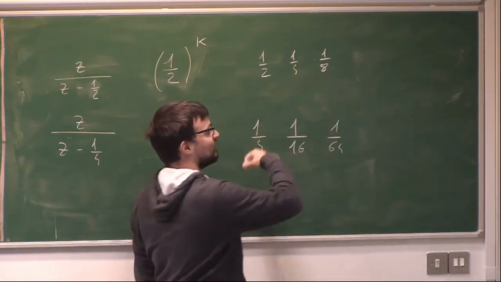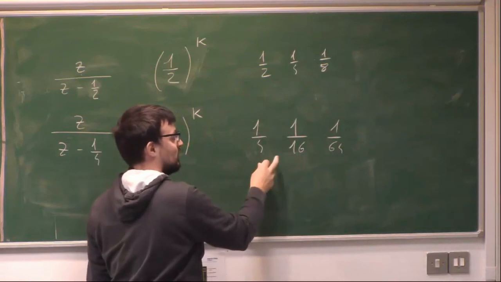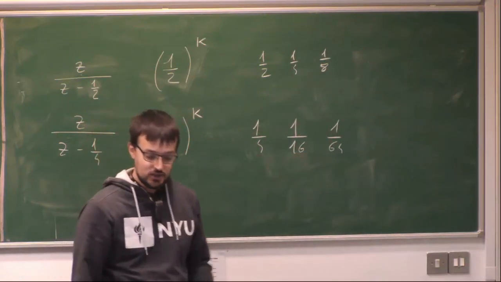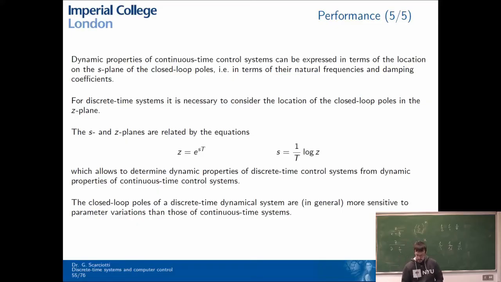And by the time that we reach 10 seconds, we are much closer to 0 with respect to this case. So this is to say that the dynamic properties of discrete time systems do not depend only on the position of the poles in the z plane, but they depend also on the sampling time. And in particular, the settling time, that is one of the indicators that we have discussed when we were talking about the transient behavior, depends mostly on the sampling time.